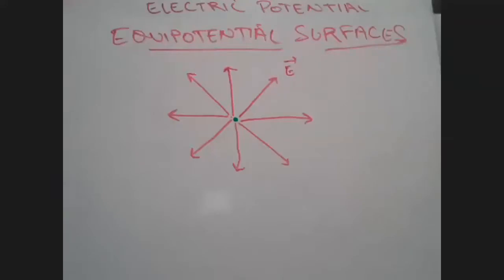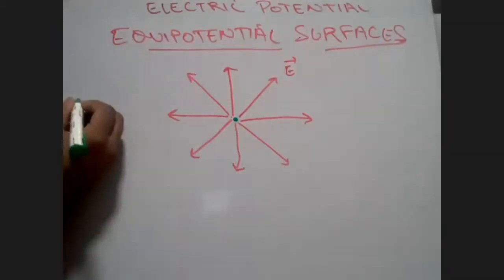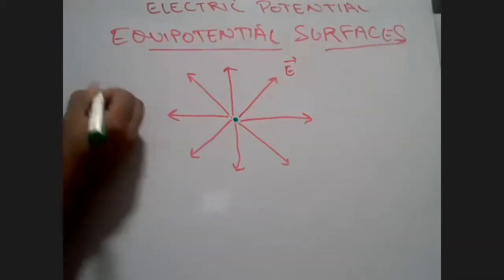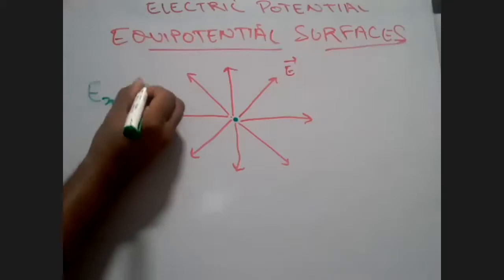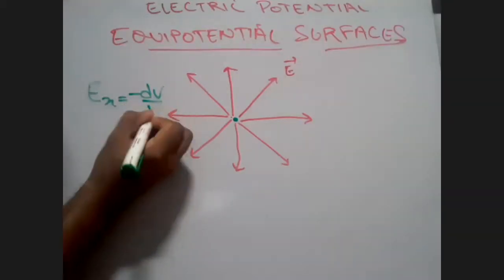Now as I had explained earlier in the lecture in the morning, Ex is equal to minus dV by dx.